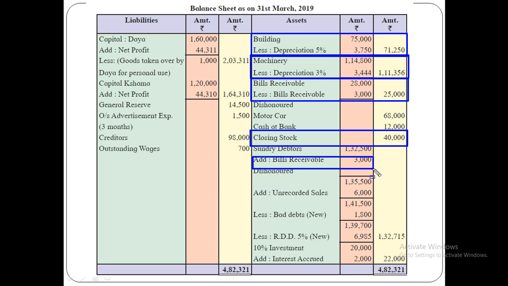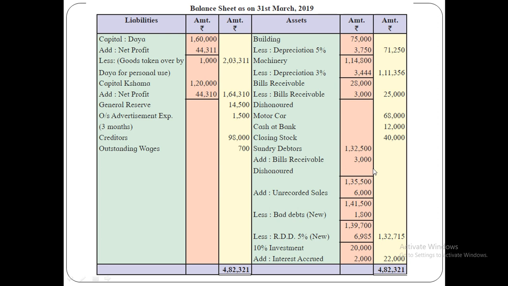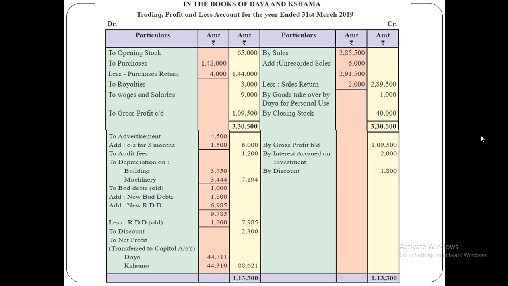Here it is. Next is goods worth rupees 1,000 taken by Daya for personal use and not recorded in the books of accounts. So here, if goods are taken by a partner for personal use, we have to clearly mention this on the credit side of the trading account.